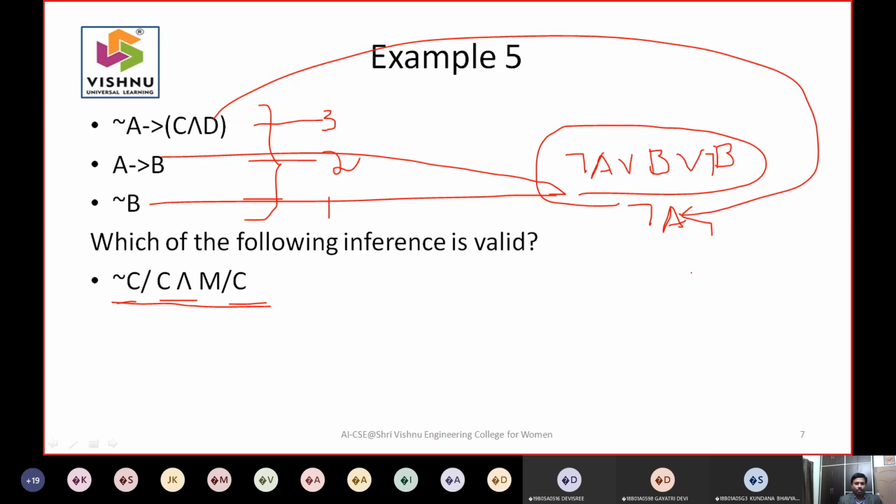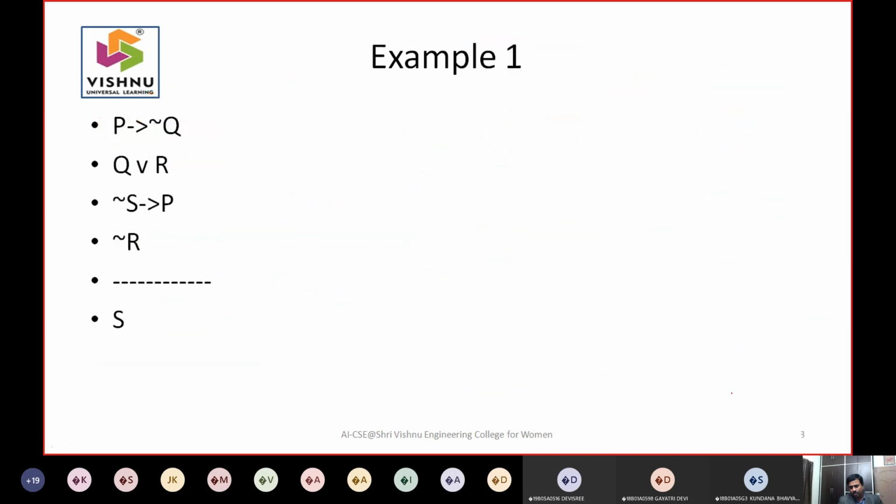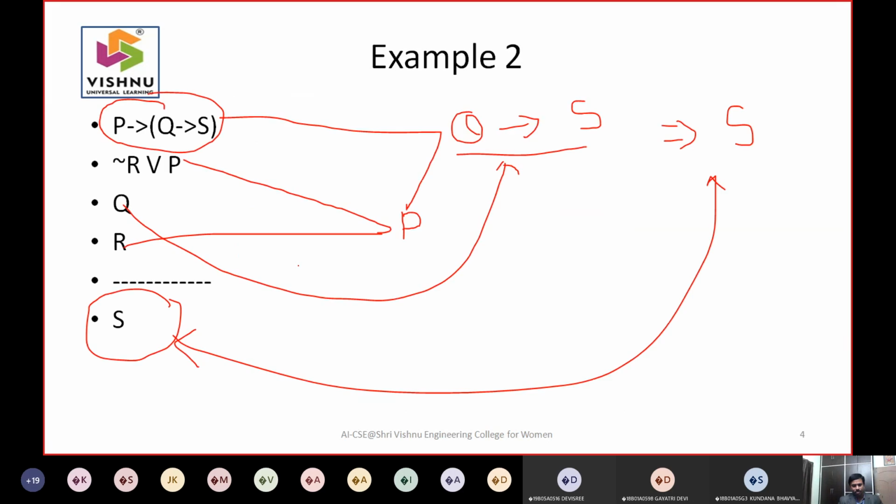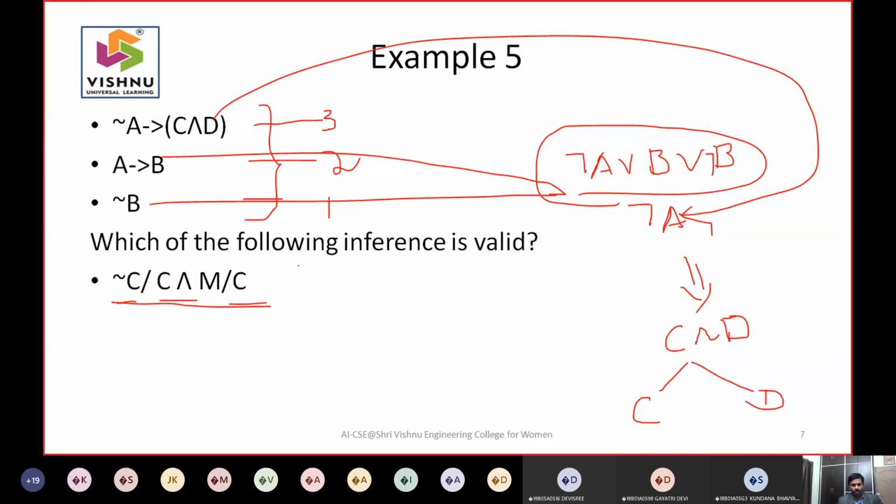So P and P implies Q, the outcome is C and D. When you have C and D, you can take either C or D. This is what your rule says. You have P and Q here, so you can take either P or Q.